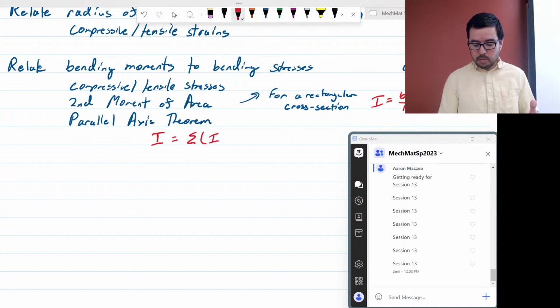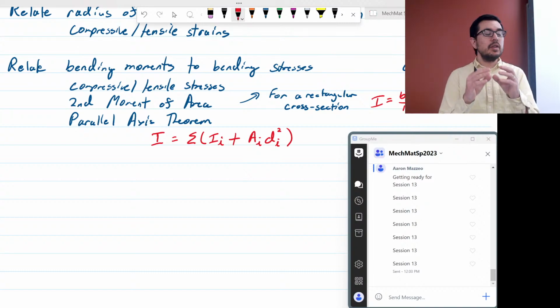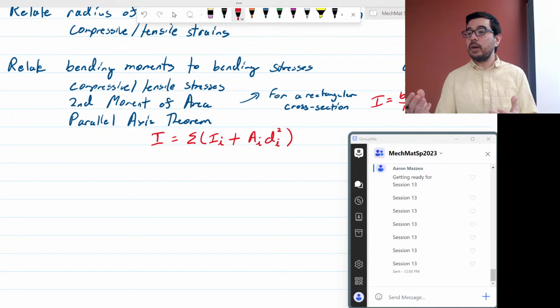You have the individual components of the second moment of area, and you can think about them in terms of their area and the distance from the centroid of that area to the neutral axis, or essentially the axis of rotation. If you're thinking about moments of inertia, polar moments of inertia, or the parallel axis theorem, you may have seen this before.